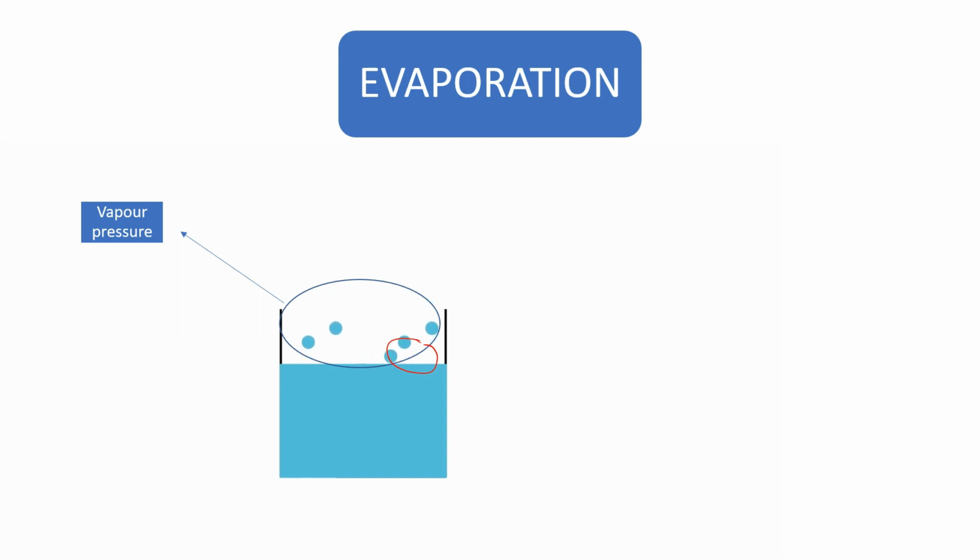At the surface, some vapor is converted to liquid, and at equilibrium, the amount of liquid getting converted to vapor is equal to the amount of vapor getting converted to liquid. You can see liquid is getting converted to vapor here, and also some of the vapor will get converted to liquid.